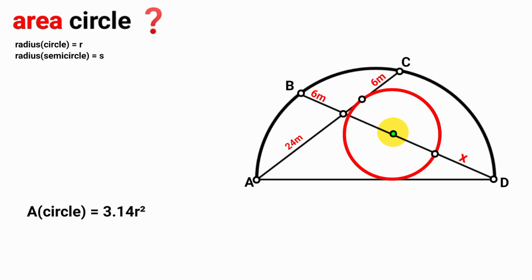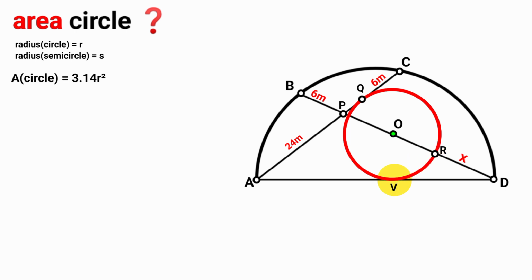Okay, come here. This point, if you recall, is the center of this circle. Let the point be O, this P, this Q, and this R. Say this V. We can see this line segment starts from the center O to this point on the circumference. Therefore, it is a radius of the circle, which is R. The same is here.